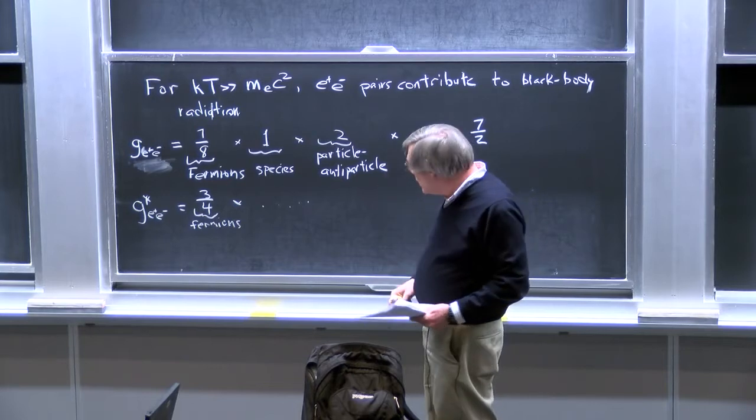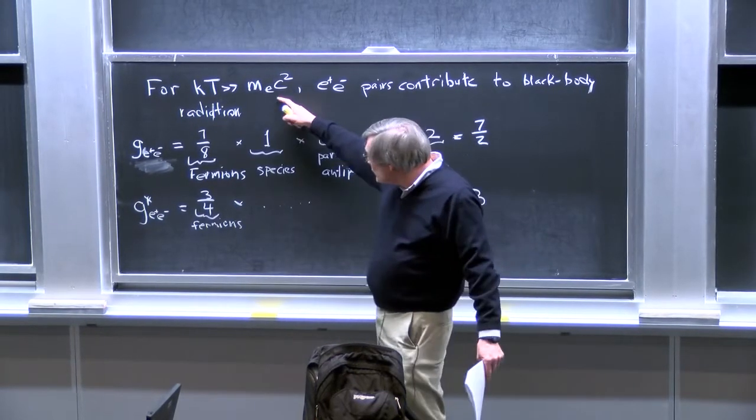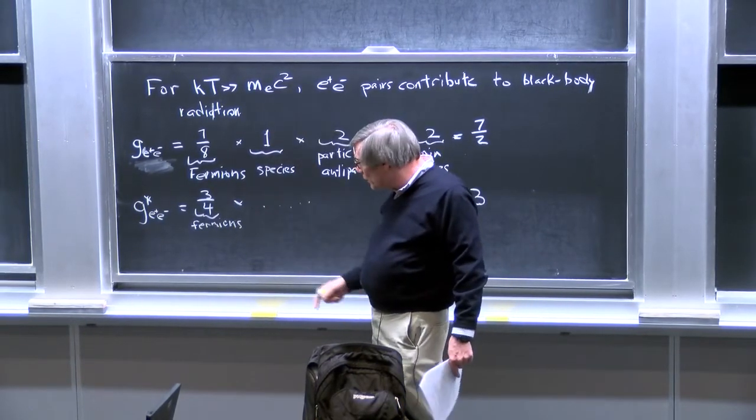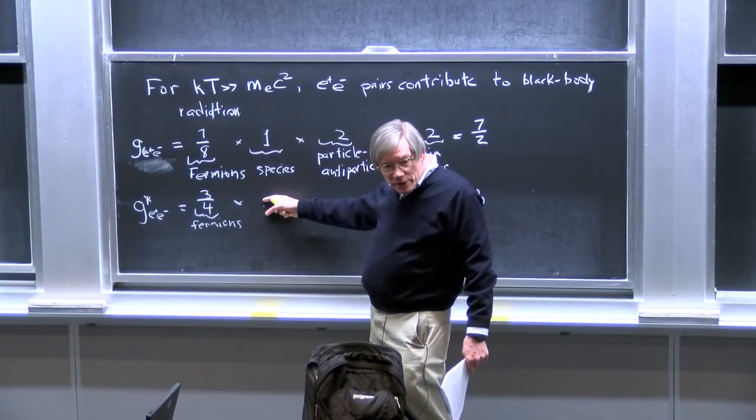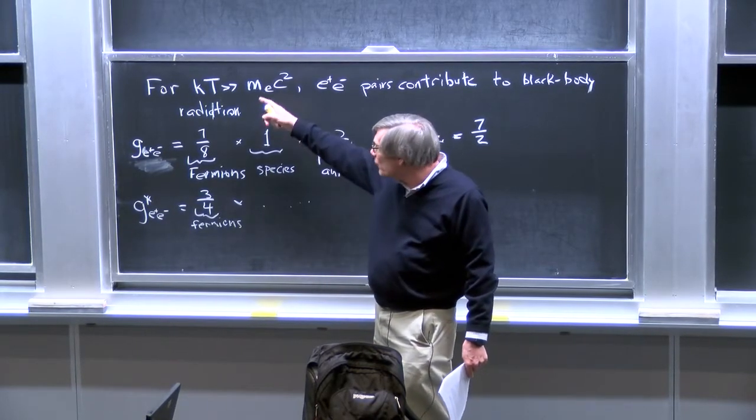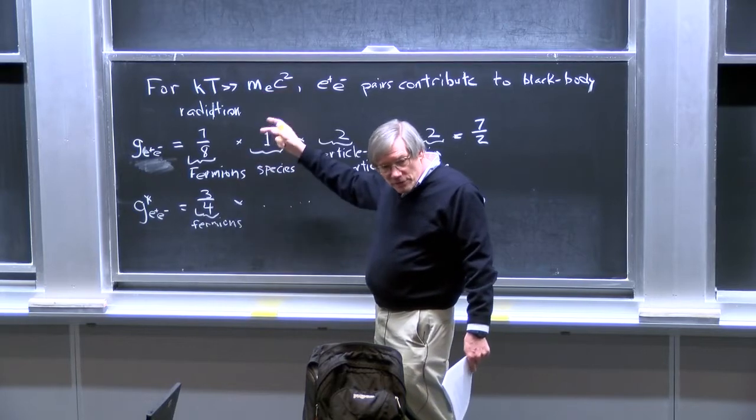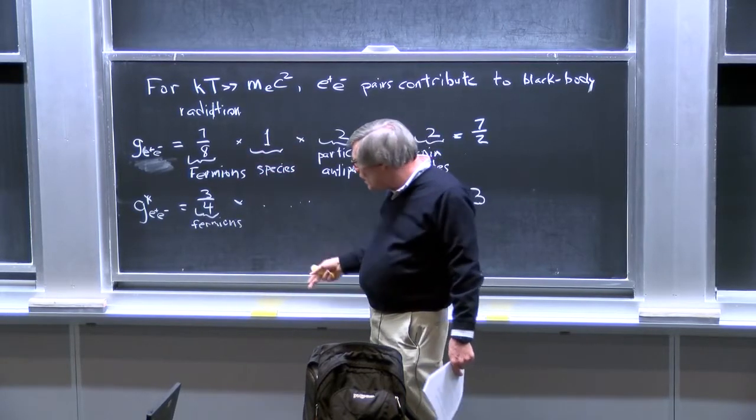And then if we go back to this earlier time, we have not only the e plus e minus pairs, which started to exist when we crossed this threshold, but we also have photons and neutrinos.